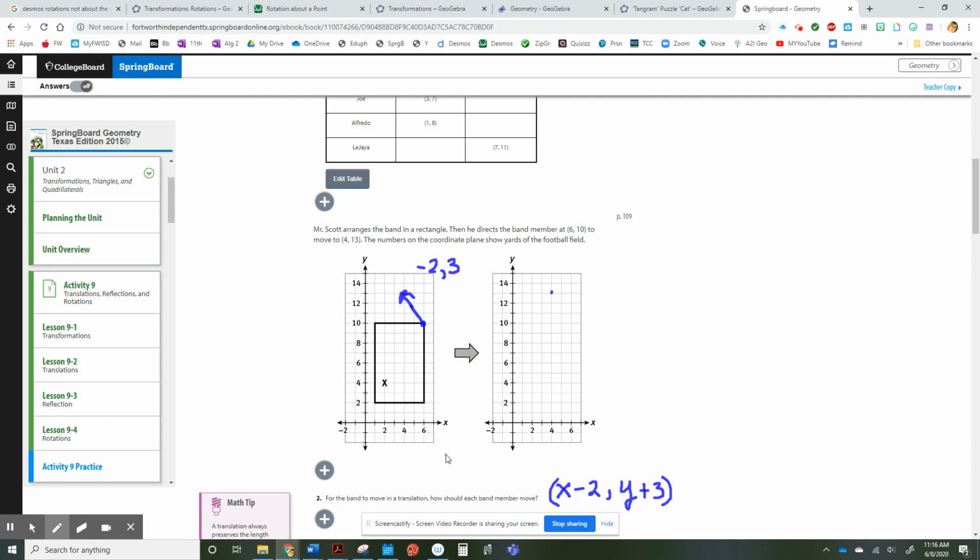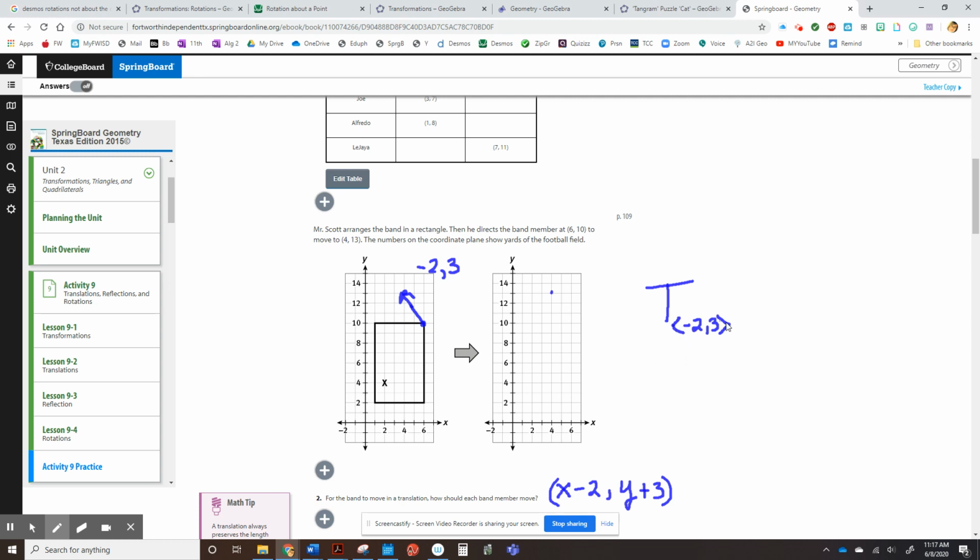There is a notation that you might see, capital T with a bracket down here that looks like this, the little pointed brackets, like the less than symbol, <-2, 3>. And that is another way for them to tell you this. The capital T stands for translation.